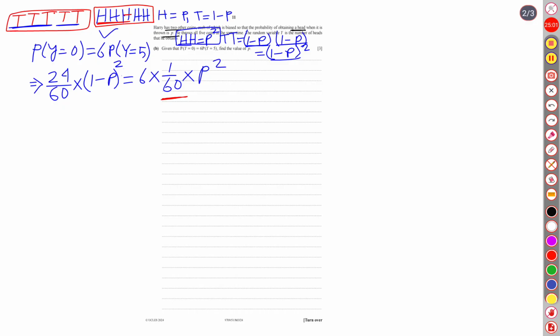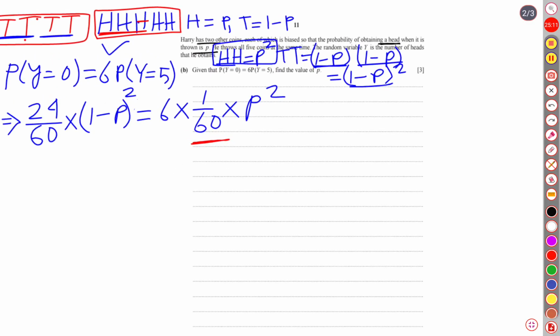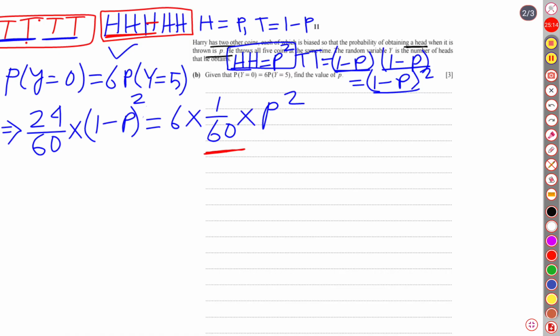Then for each head of the next two coins, the probability is p. For one coin it is p, so for two coins it will be p squared. So that is how we form the equation from the given expression.